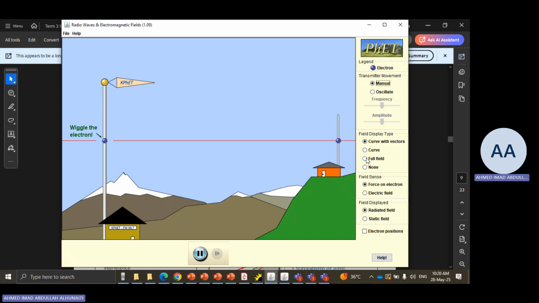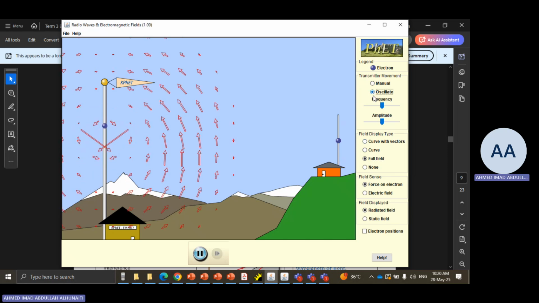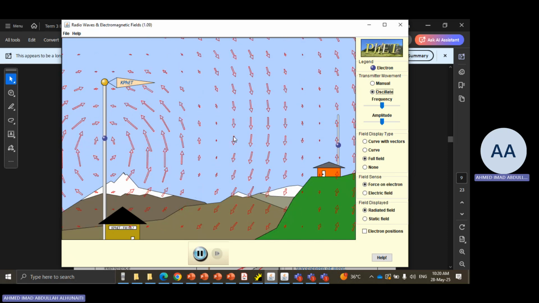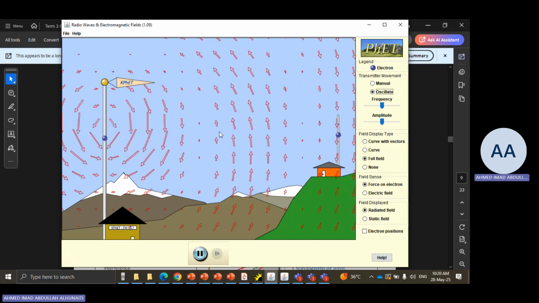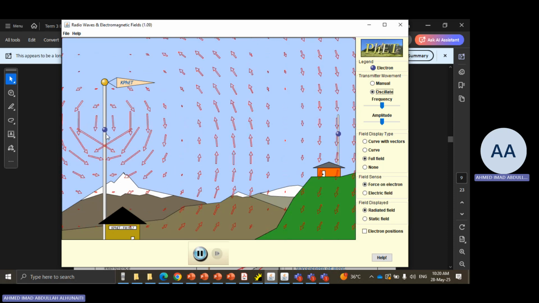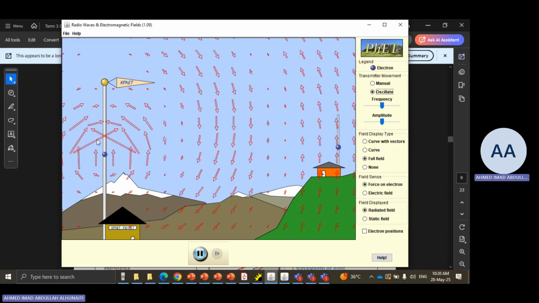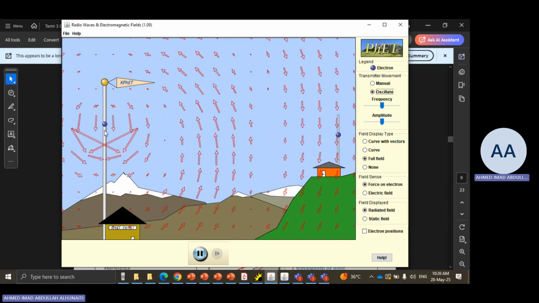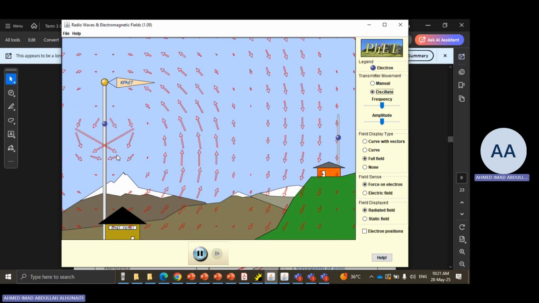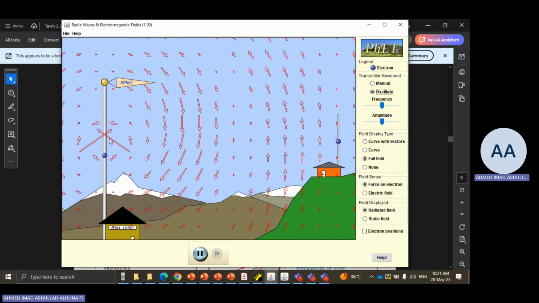Let's click on electric field and change this to oscillating. This is the electric field as it's being generated. How do we generate this electric field? By accelerating an electron. In this case, there's an AC supply connected to the antenna, which will cause the electron to oscillate up and down. This will result in an electric field.